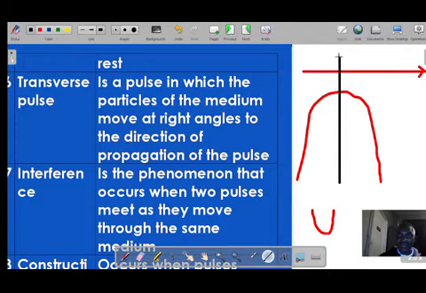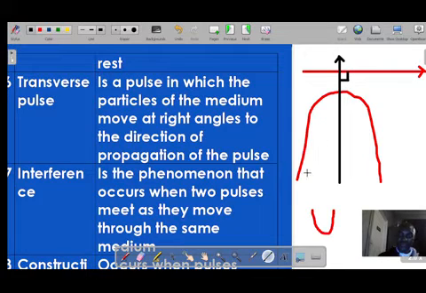Because this pulse has been displaced upwards, you can see that the angle between the direction of motion and displacement of the pulse is 90 degrees, or it is perpendicular.